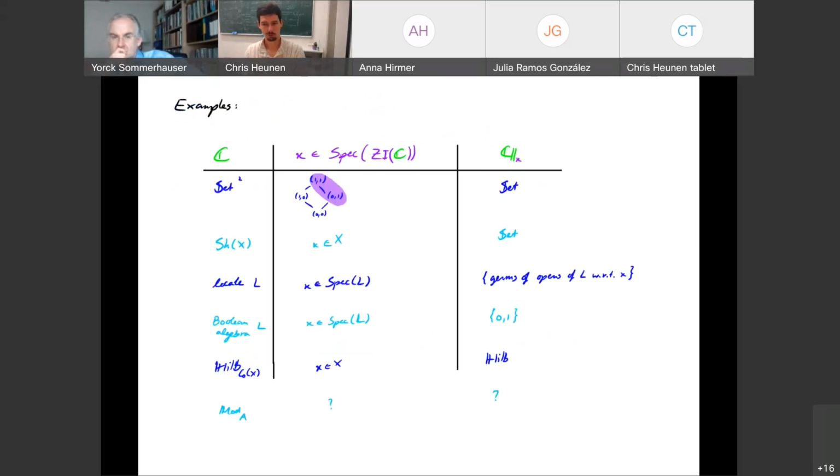Let's look at some examples. If you're in Set squared, so we have this diamond lattice as central idempotents, a point would be a completely prime filter of this lattice. So let's say it's the purple thing there, the upset, the principal filter actually of (0,1), as we had before. Then the stalk is literally just Set, sort of as we had before.